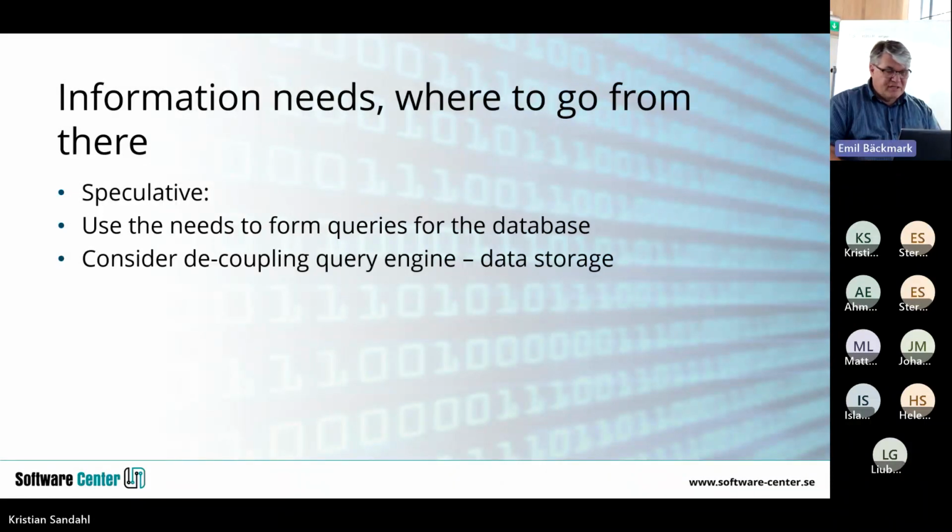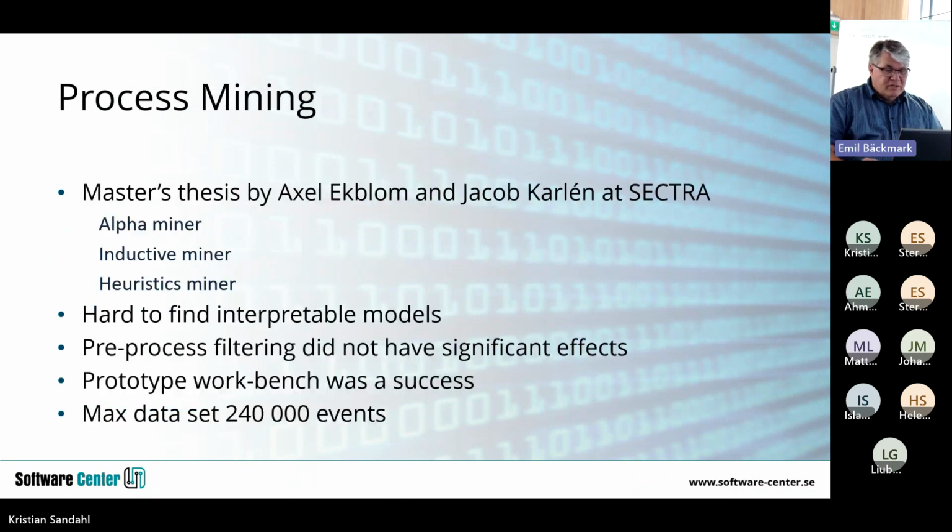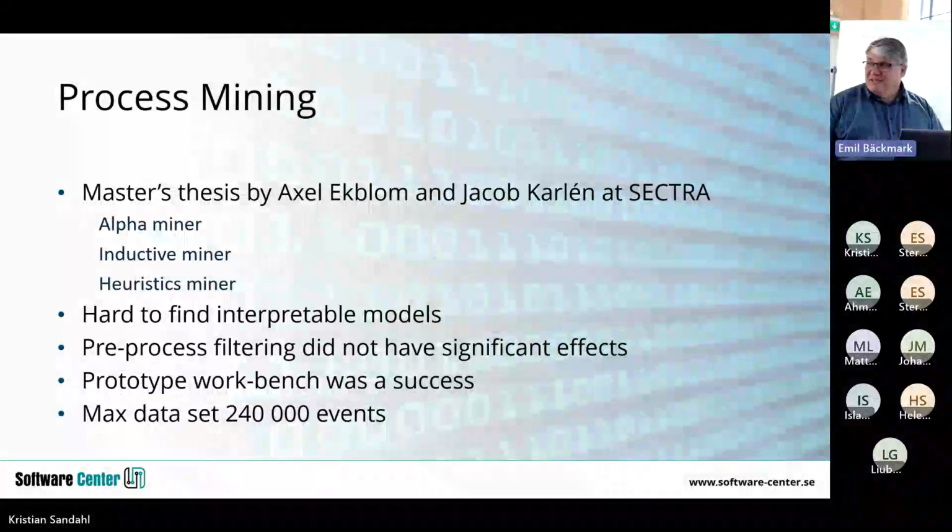That was information needs. A little bit about process mining, because we can see a clear case for defining common sub-processes, as in the nice flow, the information-rich flow of Eiffel. We didn't manage to get a master thesis this year, but I had two guys at a company called Sectra, very good students who got almost the same task.